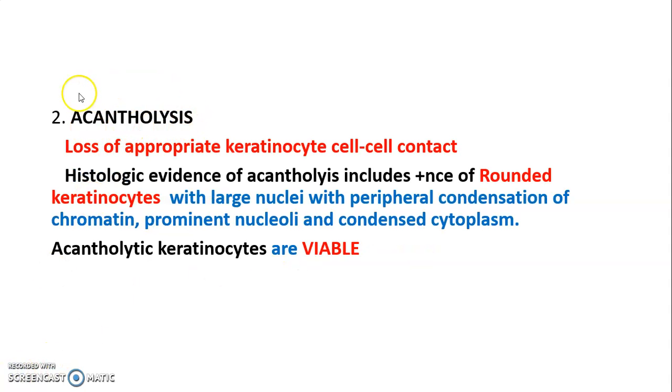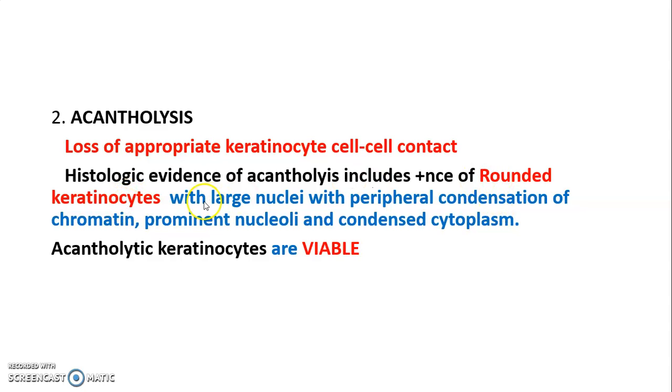Second mechanism is acantholysis. In this, there is loss of appropriate keratinocyte cell-cell contact, and histologic evidence of acantholysis includes the presence of rounded keratinocytes, while in spongiosis there is stellate form of keratinocytes.